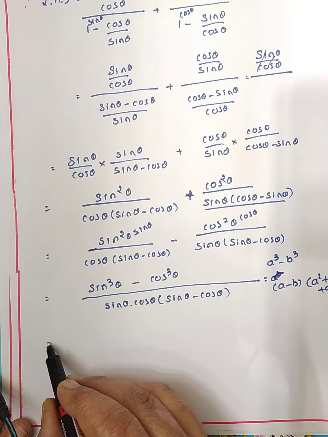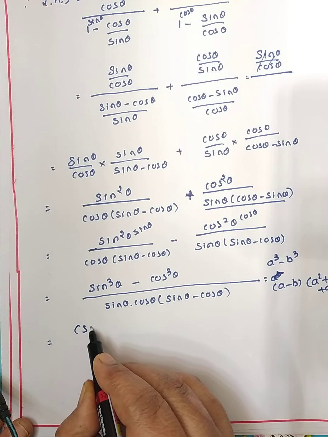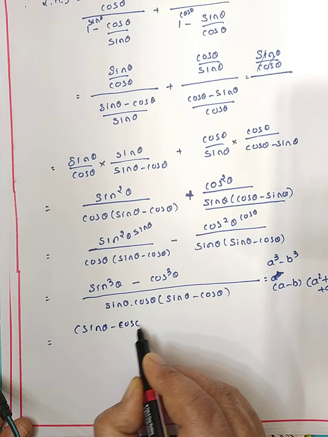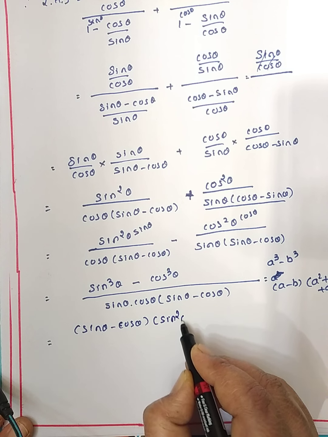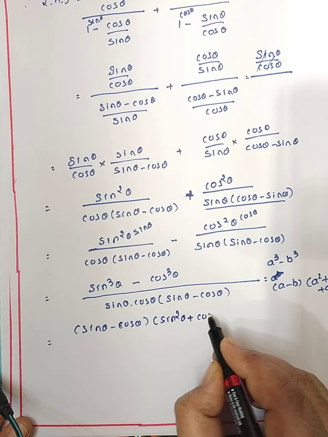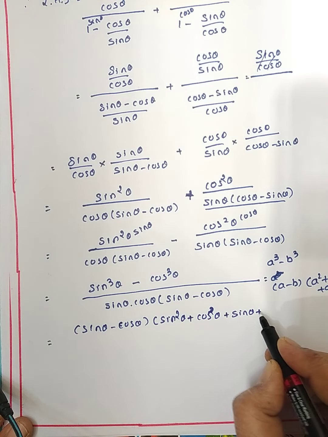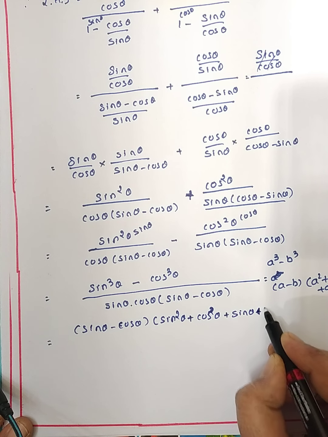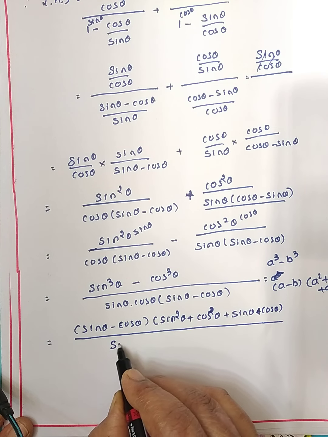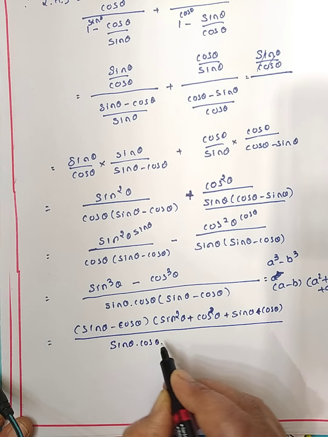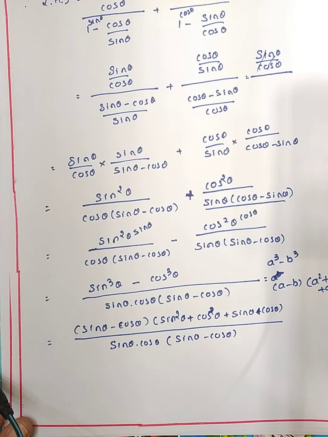So rewrite: a minus b, that is sin theta minus cos theta, then a square, that is sin square theta, plus b square, cos square theta, plus ab, that is sin theta into cos theta, whole divided by, write as it is, sin theta cos theta upon sin theta minus cos theta.